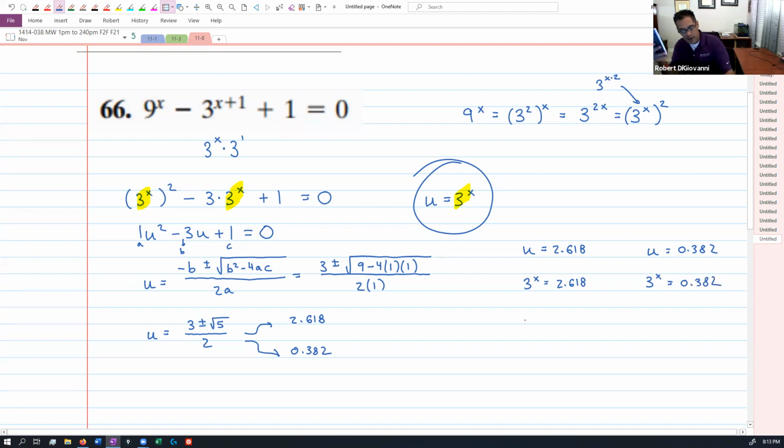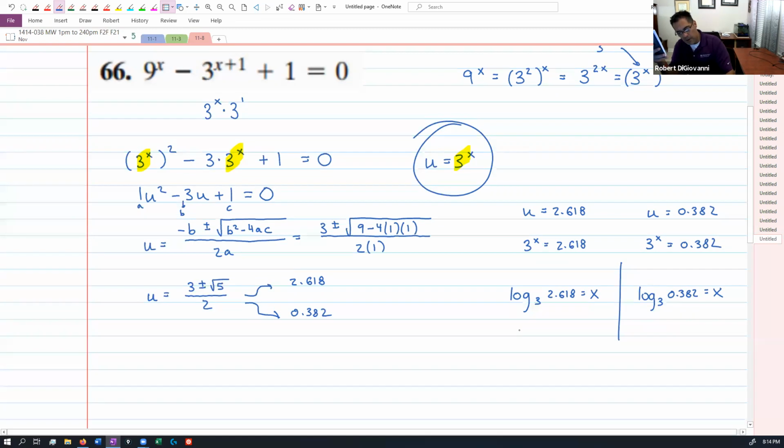And now I'm going to create my log base 3, 2.618 equals x. The other one is log base 3, 0.382 equals x. And then I'm going to use my change of base formula. And so this is natural log of 2.618 over natural log of 3 equals x, and natural log of 0.382 over natural log of 3.